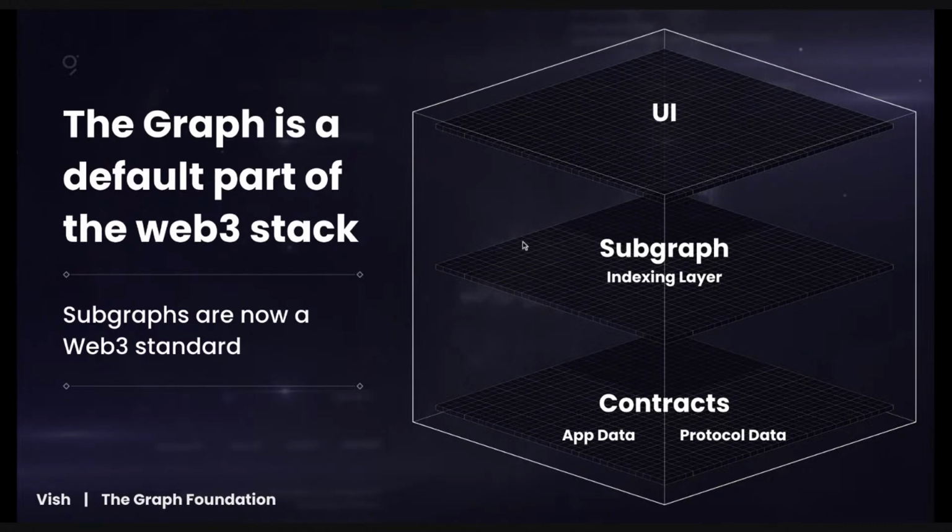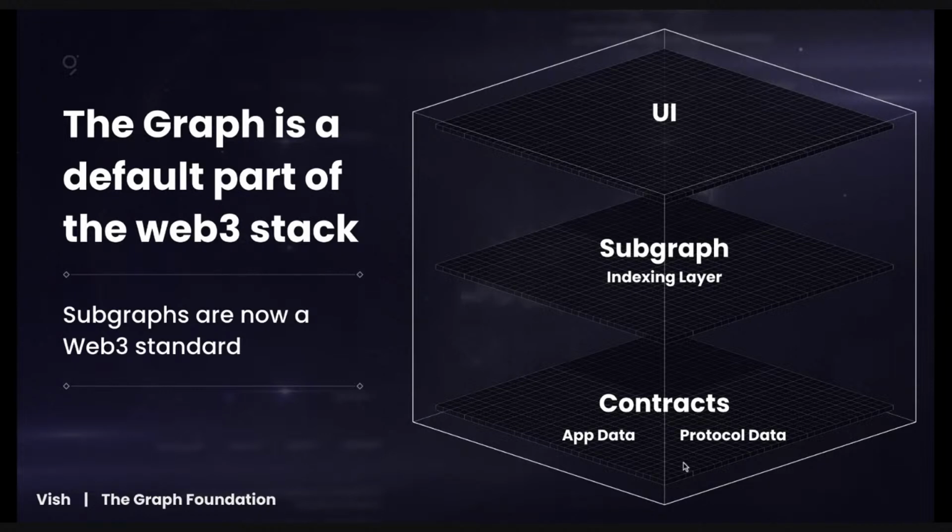Second one would be the subgraph or the indexing layer, which is also the API layer. And the final one at the bottom you see is your contracts, like all of your app data or your protocol data that you want your front end to consume and display on your client.